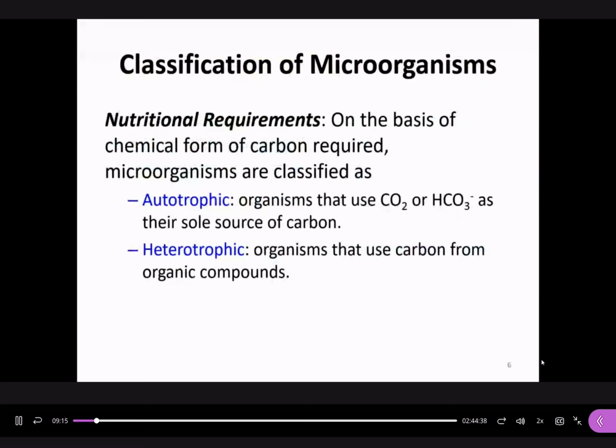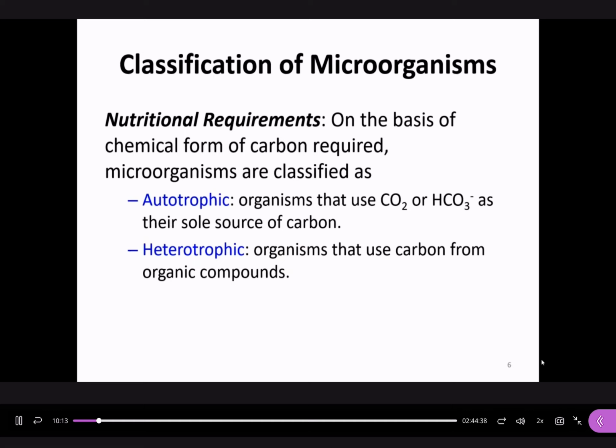We have different types of microorganisms, and we are utilizing different types of microorganisms in wastewater treatment, based on where their nutrients come from. We have autotrophic and heterotrophic microorganisms. Autotrophic ones consume inorganic carbon, CO2 and bicarbonate. That is the source of carbon. Heterotrophic, hetero means from other sources, organic compounds.